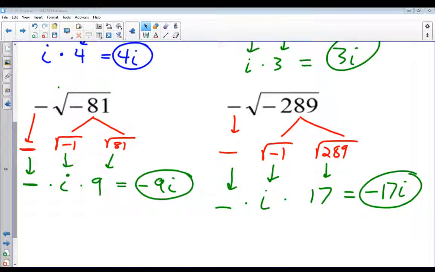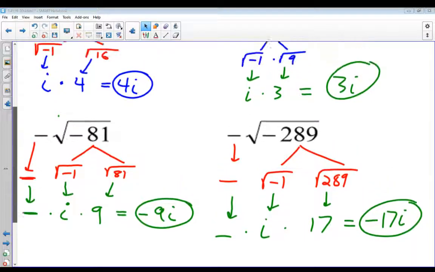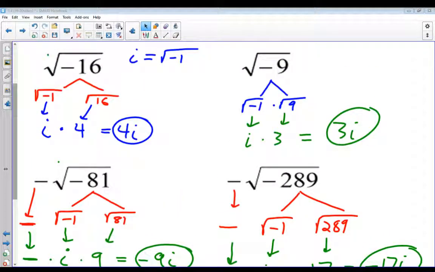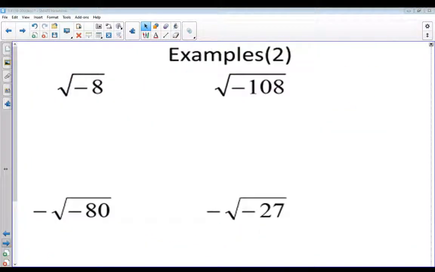So those examples are pretty straightforward, fairly easy. But now let's take it up a notch. Moving on to the next examples. Let's say I have the square root of negative 8, and I need to simplify that one. So if I go with the same procedure, I'll go square root of negative 1, and then square root of 8.